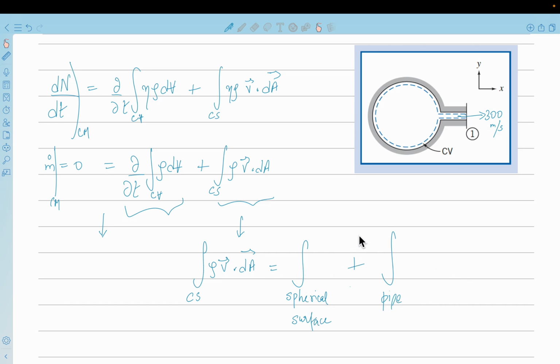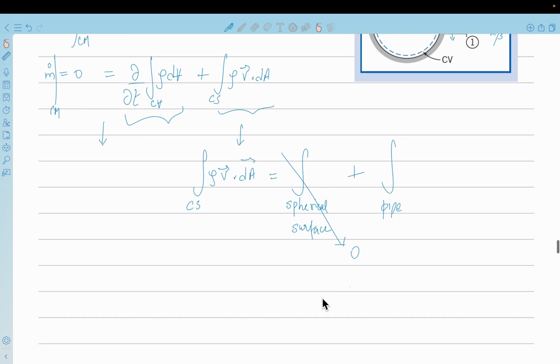Is there any flow across the spherical surface? No. So this is clearly 0. All we have to do is find ρ v dot dA, the flux through this pipe. Now along this pipe also, there is no flow in this area. The only flow is from here.